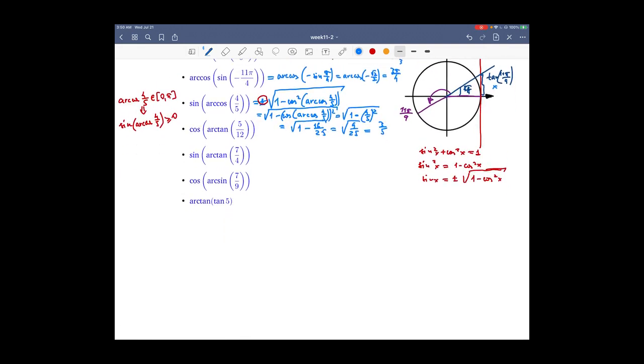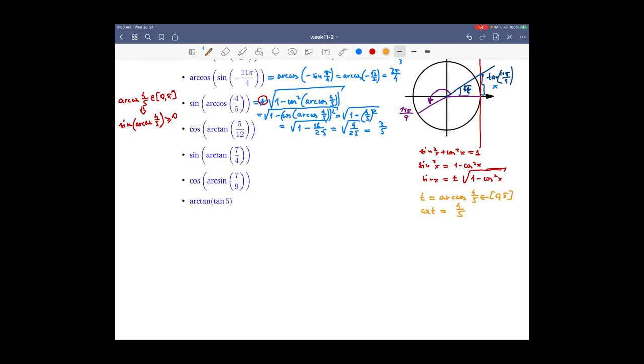There also is a way to solve this problem using right-angle trigonometry. If we denote t by arc cosine of 4/5, which must be between 0 and pi, then it follows that cosine t equals 4/5.